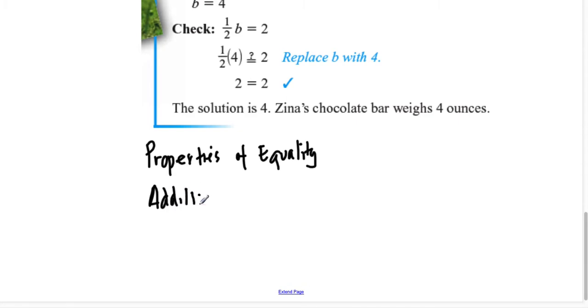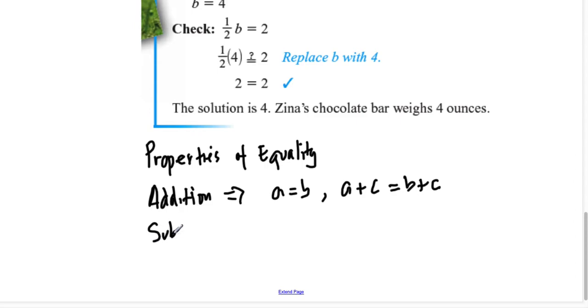The addition property of equality simply states that if A is equal to B, then A plus C is equal to B plus C. So whatever you add to one side, you need to add to the other side.